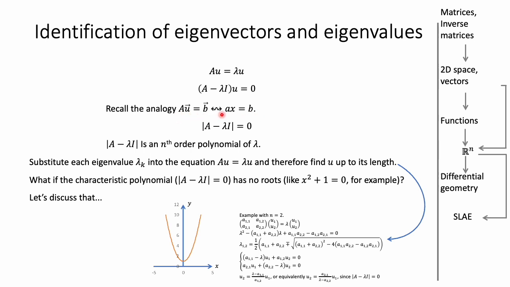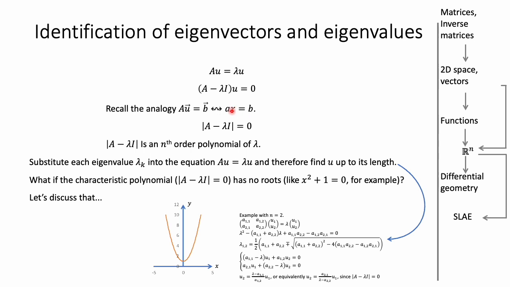There is an intuitive correspondence, an intuitive share of properties, between the equation matrix A times vector u equals vector b, where I highlighted that u and b are vectors by putting little arrows on top of them, and the basic simple linear equation a times x equals b.